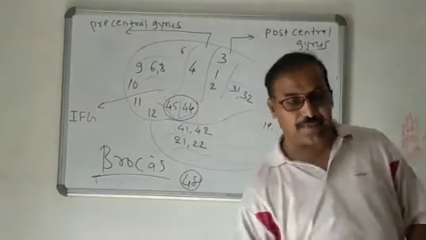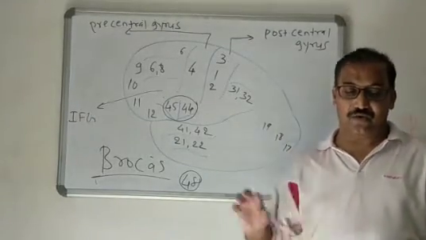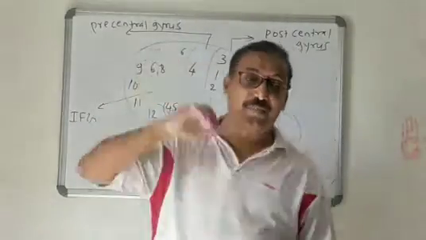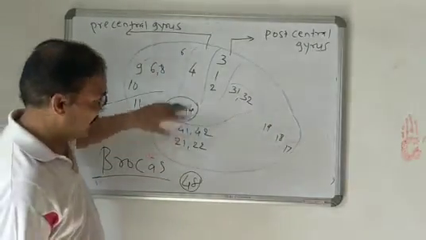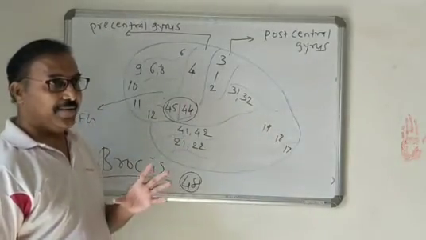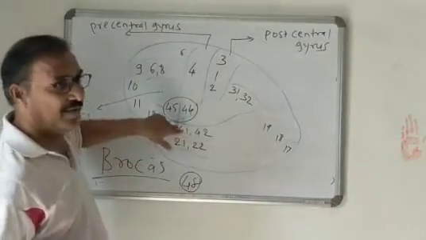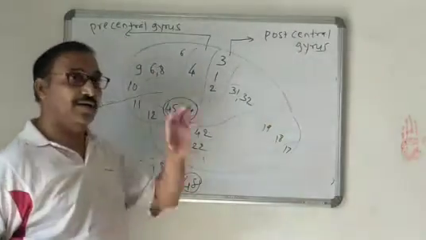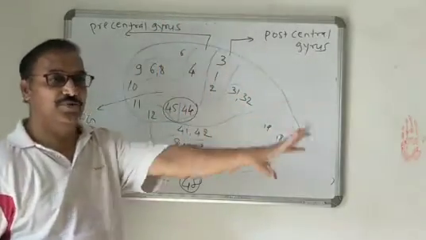Now area number 41 and 42, the function of this area. This area is concerned with auditory impulses in relation with past memory. जैसे पास्ट मेमोरी, मैं कल बोलते बोलते एग्जांपल दिया था कि कोई गाना अगर मैंने सुन लिया तो पहले भी अगर मैंने सुन लिया तो रिकॉर्ड हो गया मेरे ब्रेन के अंदर, यहाँ एरिया में. बाद में कभी 8 दिन के बाद वही गाना अगर मैं सुन लिया तो ये एरिया मुझे याद दिलाता कि हाँ ये मूवी का गाना है, ये फिल्म का है, ये उसका म्यूजिक डायरेक्टर वगैरह.